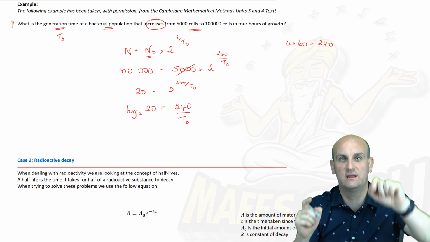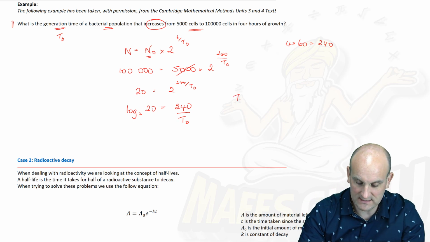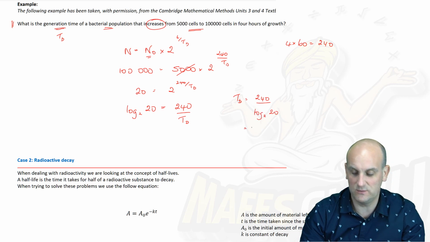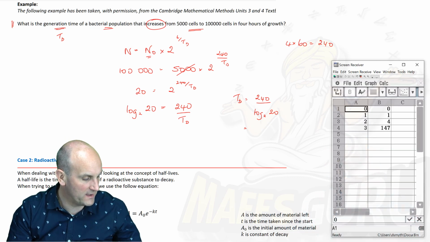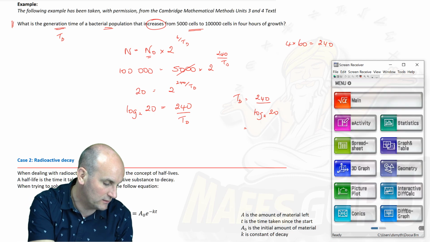And then it's just the case when I've got a fraction equals a fraction of swapping those two to say that TD will become equal to 240 divided by log 2 of 20. Now in that situation, I'd need to use my calculator. So let's fire up my calculator and take it back to main.